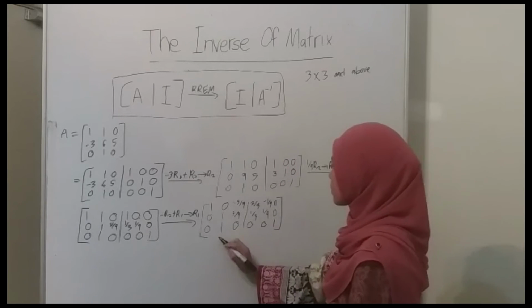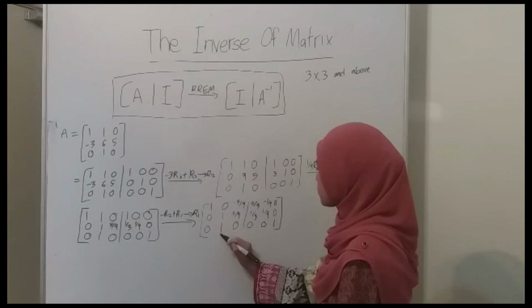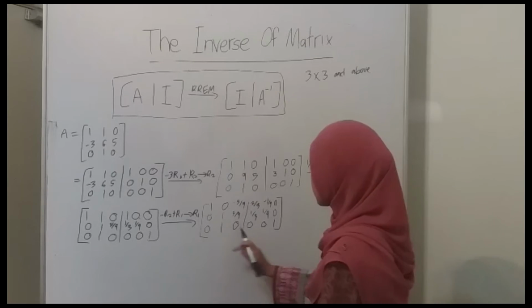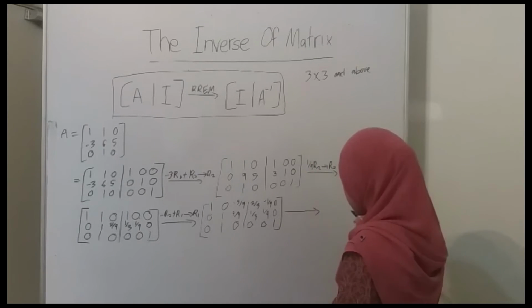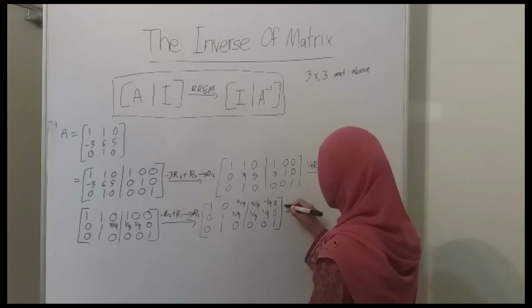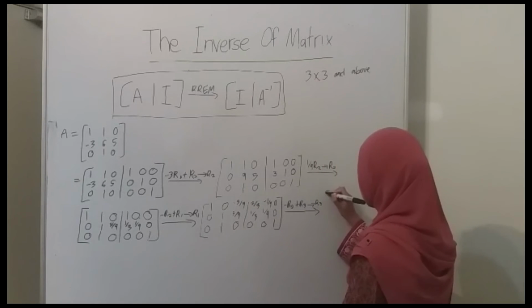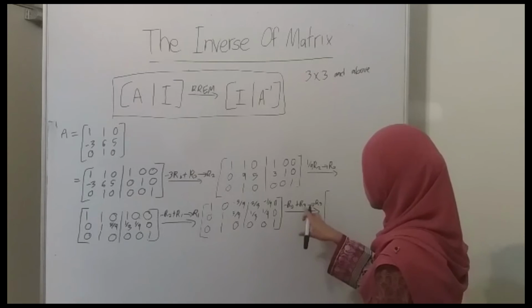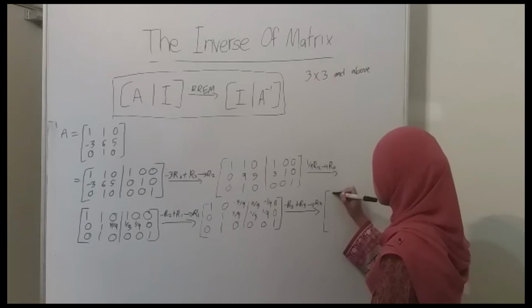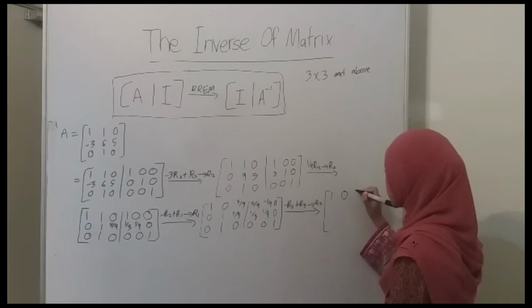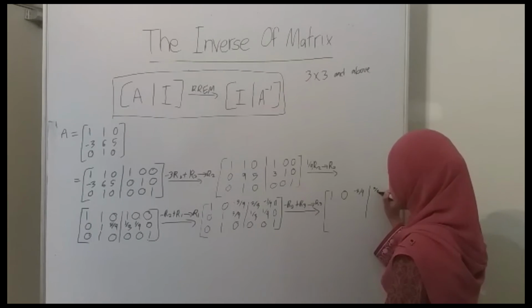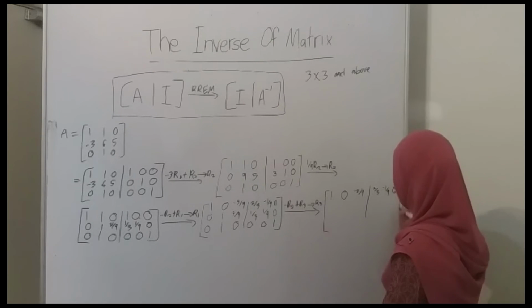And then after this, we want to reduce row 3. We do the same. Negative R2 plus R3 equal to R3. So the changes will be on row 3. The rest will remain the same. So 1 0 negative 5 over 9, and then 2 over 3, negative 1 over 9, 0.